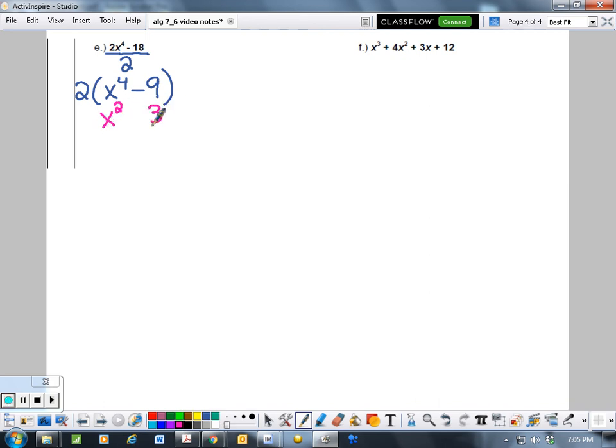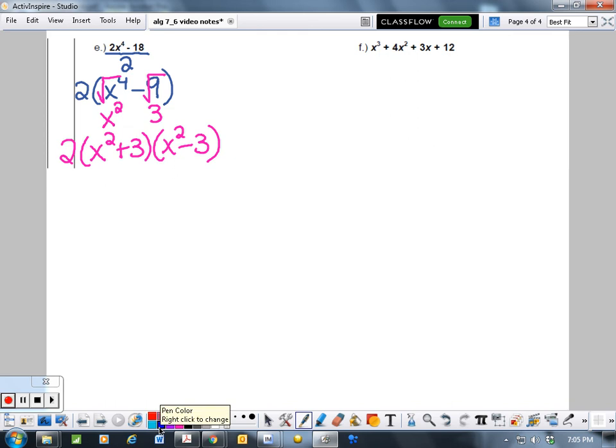This is really 3 times 3, which means it should factor into x squared plus 3 and x squared minus 3. And a lot of times what I like to think about is, the square root of this is x squared. The square root of this is 3. Or x squared times x squared gives me x to the 4th. Or 3 times 3 gives me 9.